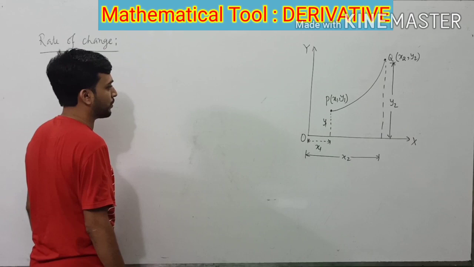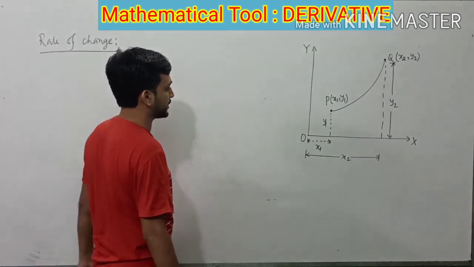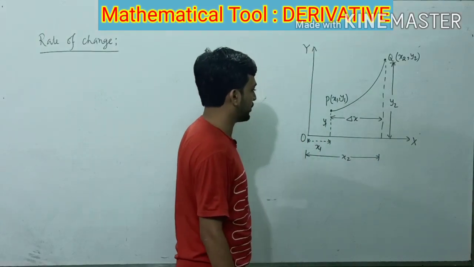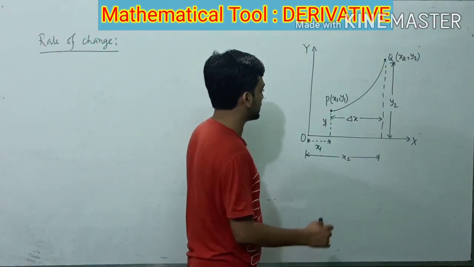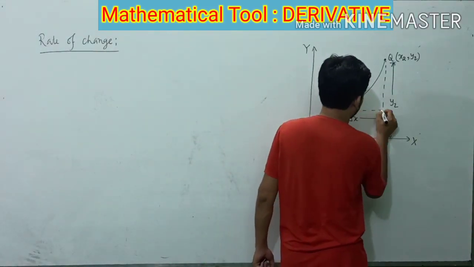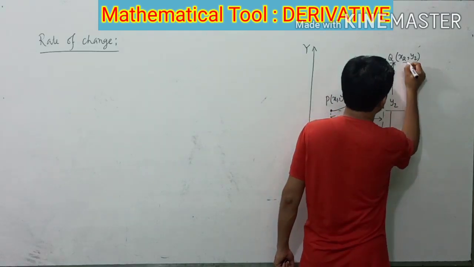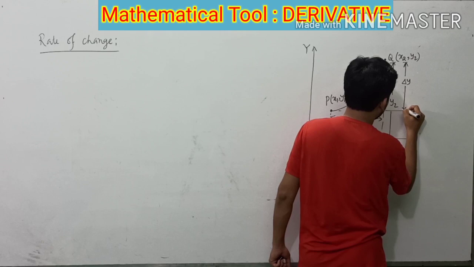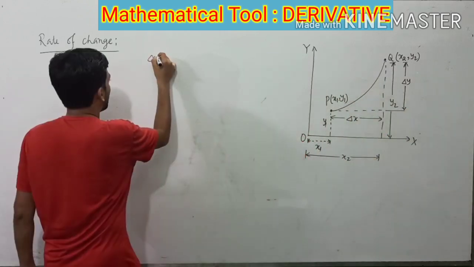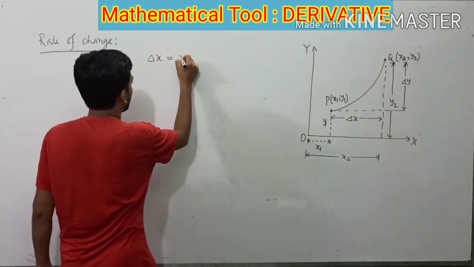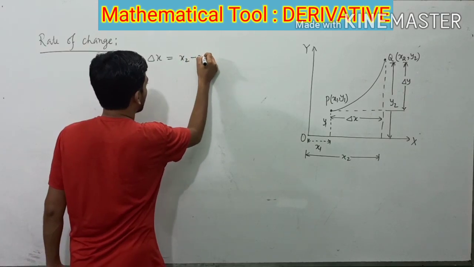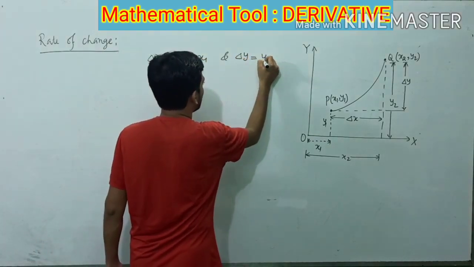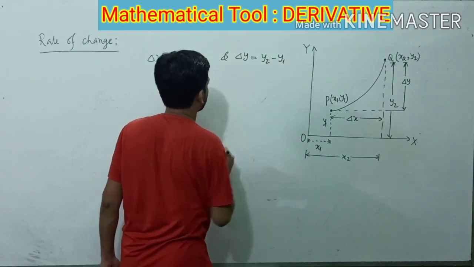What change is going on in the position along x-axis? This is the change in the position of the body along x-axis, and this one will be the change in position of the same body along y-axis. So del x can be written as x2 minus x1, and del y is equal to y2 minus y1.